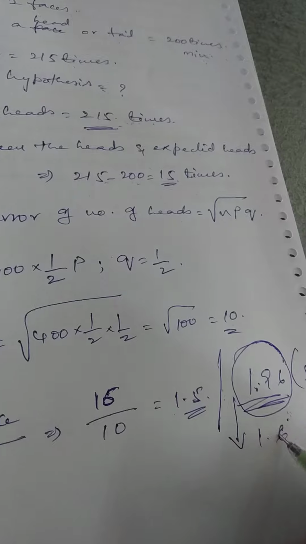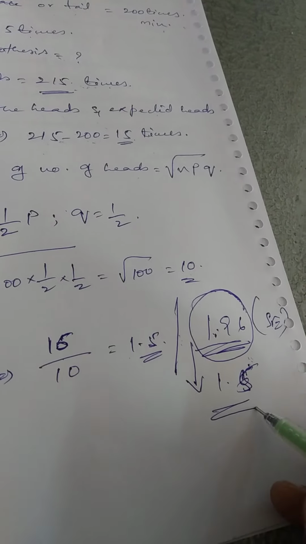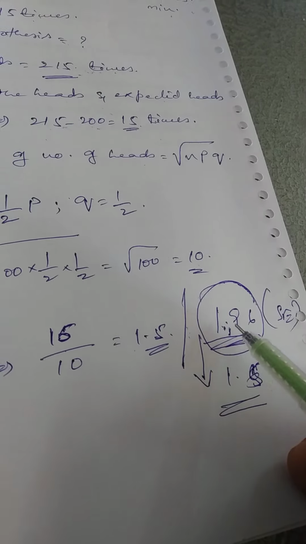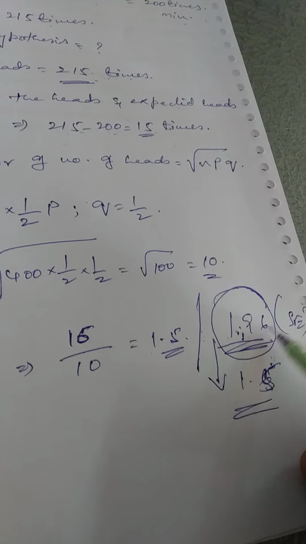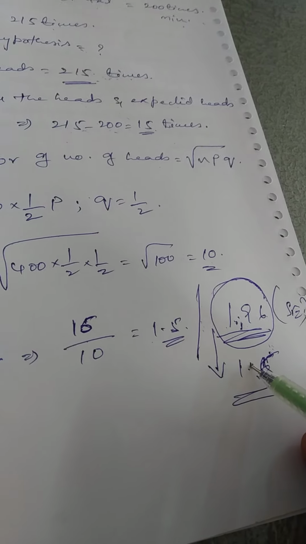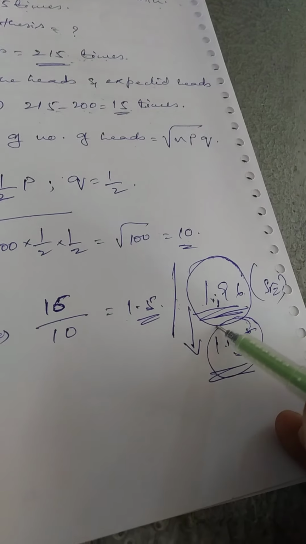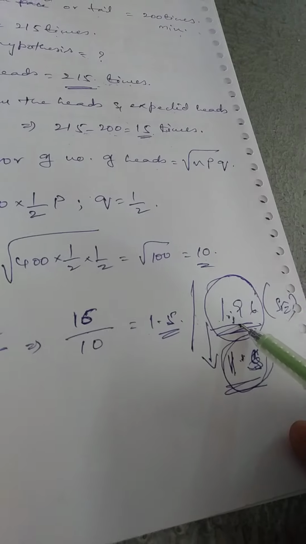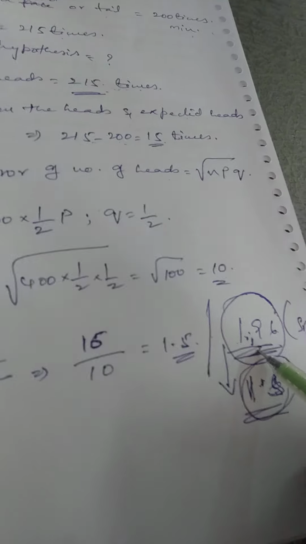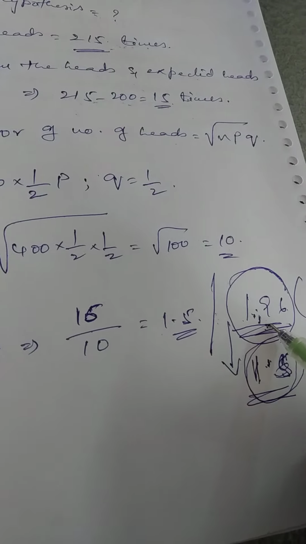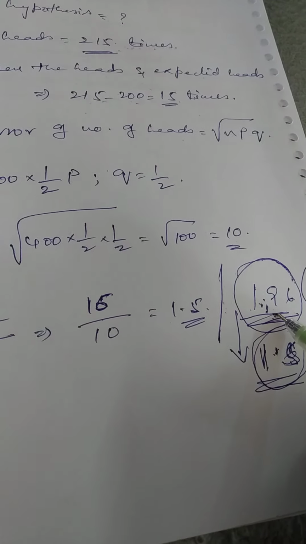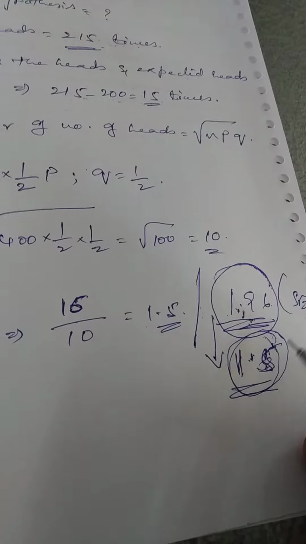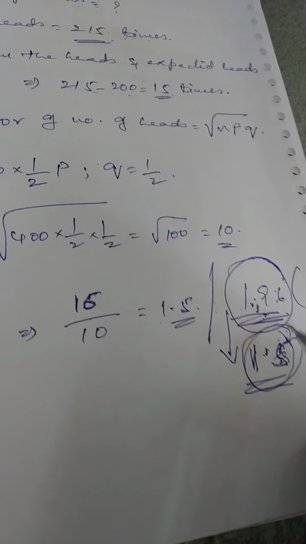See, your observation's answer is 1.5 and the hypothesis parameter is 1.96. So your observation's answer 1.5 is well below the standard error parameter. Your statistics says that it should be 1.96 or below. So here, yes, the answer is 1.5, which is less than 1.96.